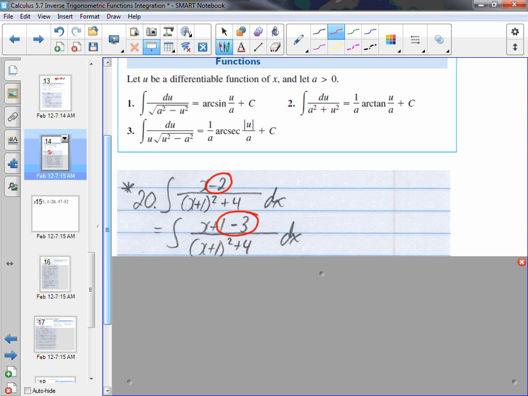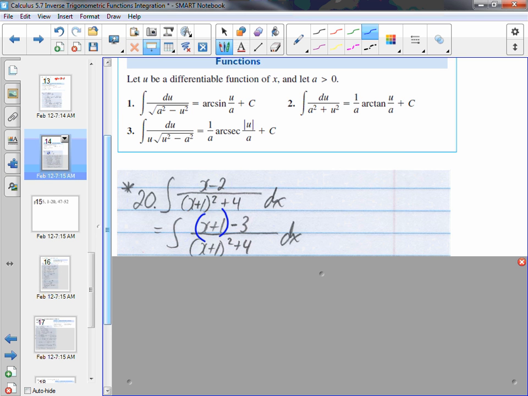Why can't I do that? I thought of that. And I had a reason for thinking of that. Because I remember I tried the other thing. I tried breaking it up with the x on the top, with the negative 2 on the top, and I couldn't make it work. Does that help?